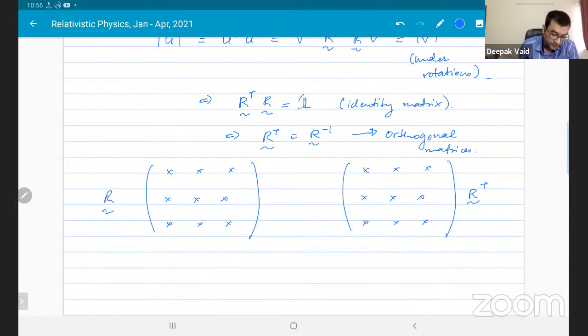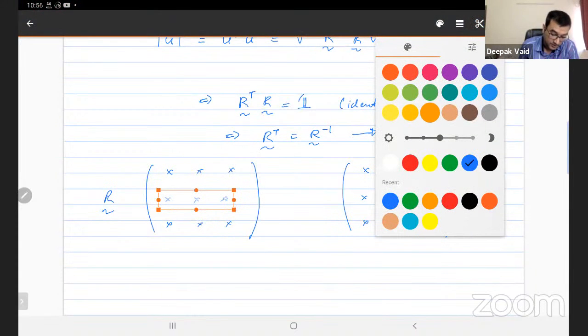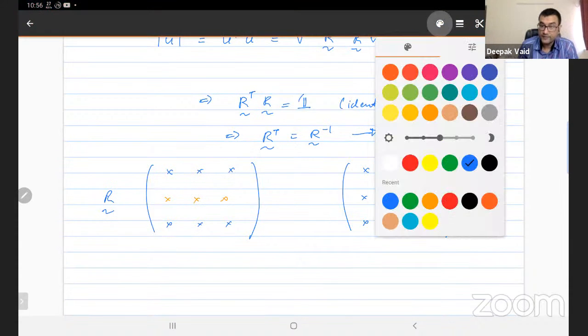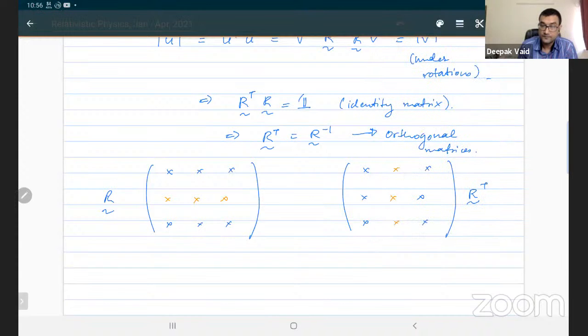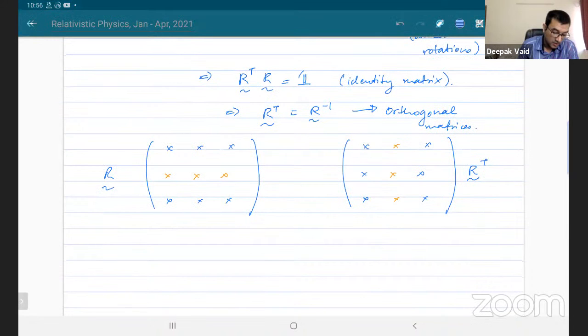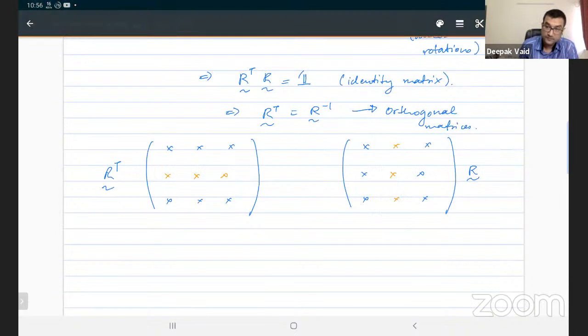You are taking, for instance, this row, which becomes this column in the transpose, right? And when you take the product of R transpose with R, let me make this R transpose and let me make this R, what are you doing? You are multiplying this row vector with this column vector, right?